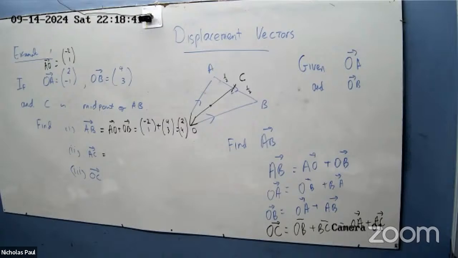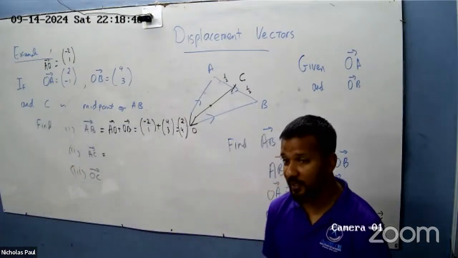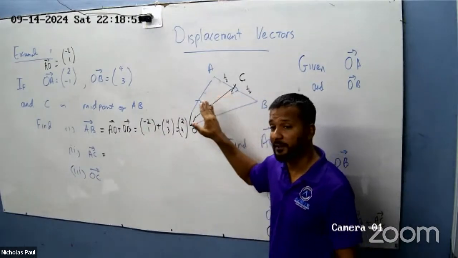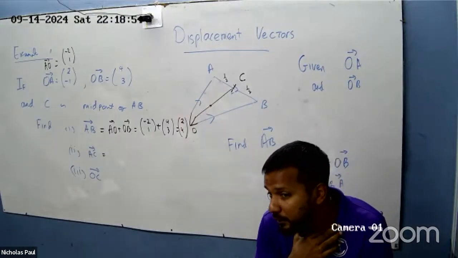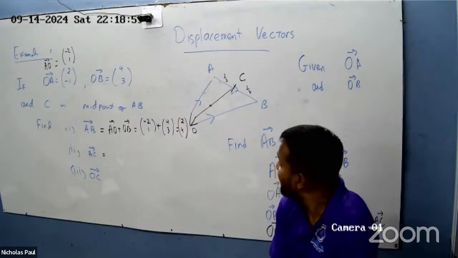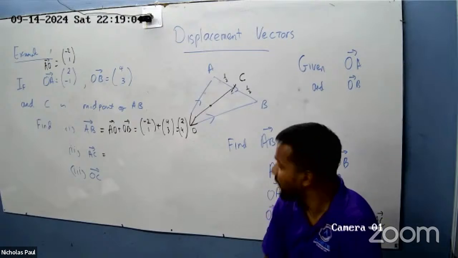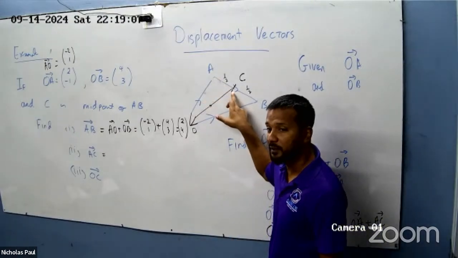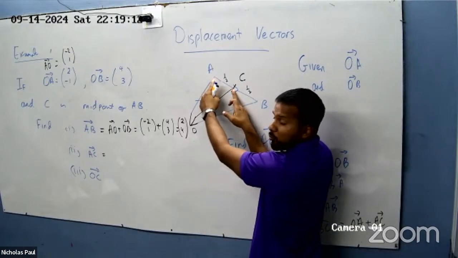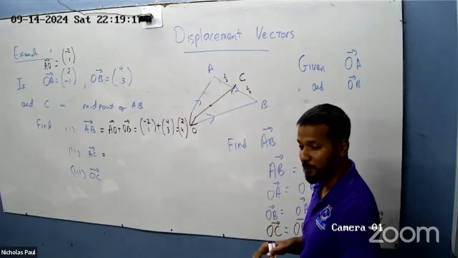Right. So Amir, what do we know about AC? Look at your diagram. AC is half of what? AB.